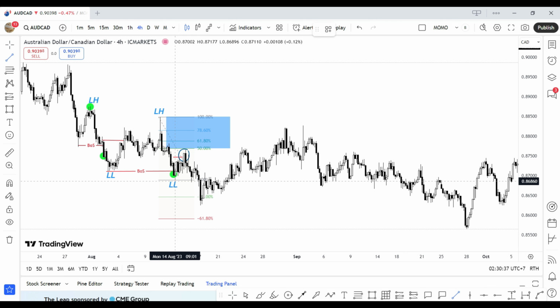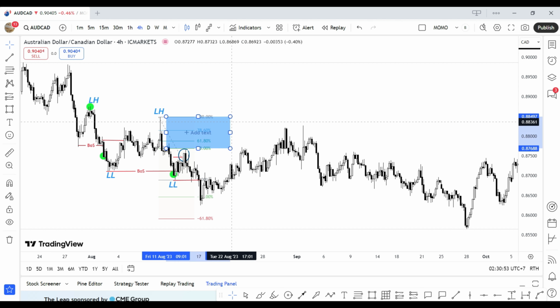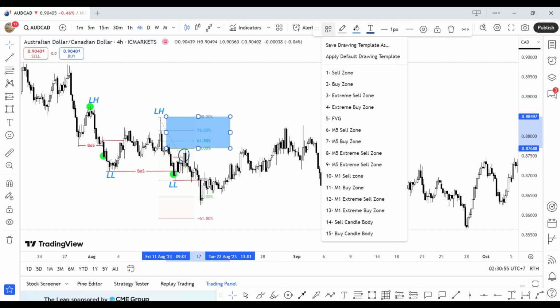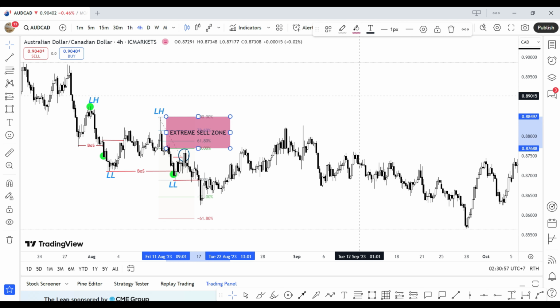And the market right away retraced and broke our lower low with a candle body. In fact, with this candle body, so I have new structure. And don't forget to mark this trading zone as your extreme sell zone.